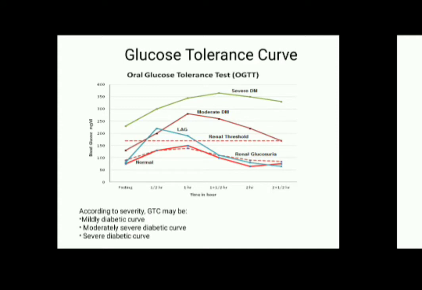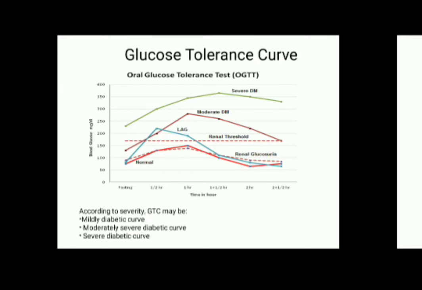Here you can see glucose tolerance curve. When the blood glucose exceeds about 160 to 180 mg per dl and begins to excrete glucose in the urine, this point is called renal threshold for glucose.